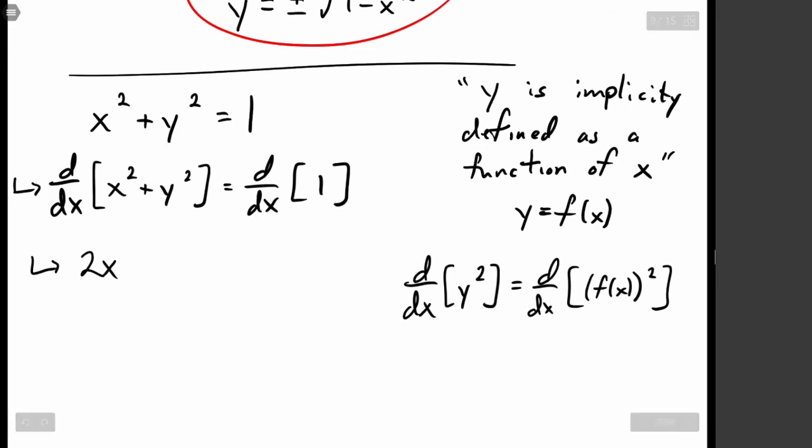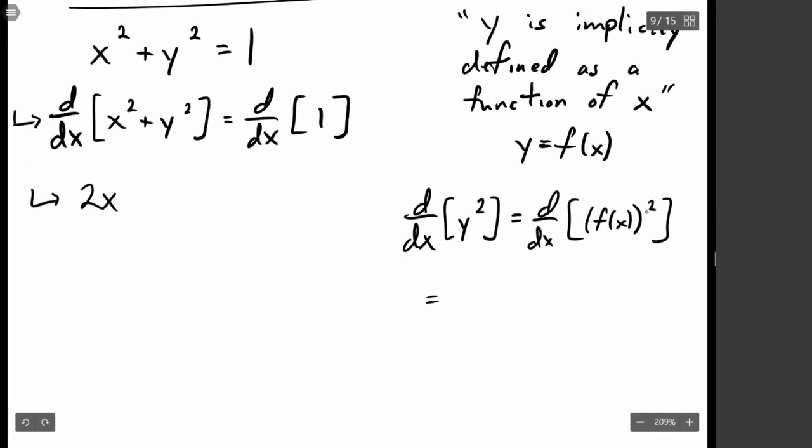Now it's just a chain rule problem. The 2 comes out front, and we get our f of x left. So that's the derivative of the outside part. Now we multiply by the derivative of the inside part, which is f prime of x.